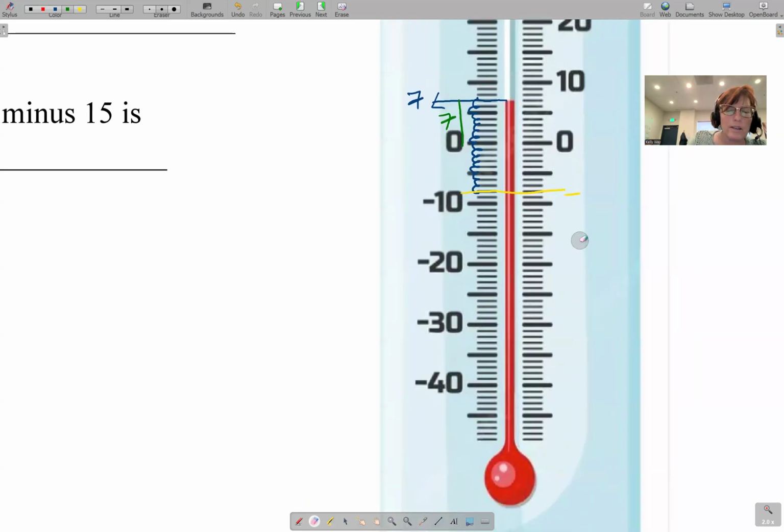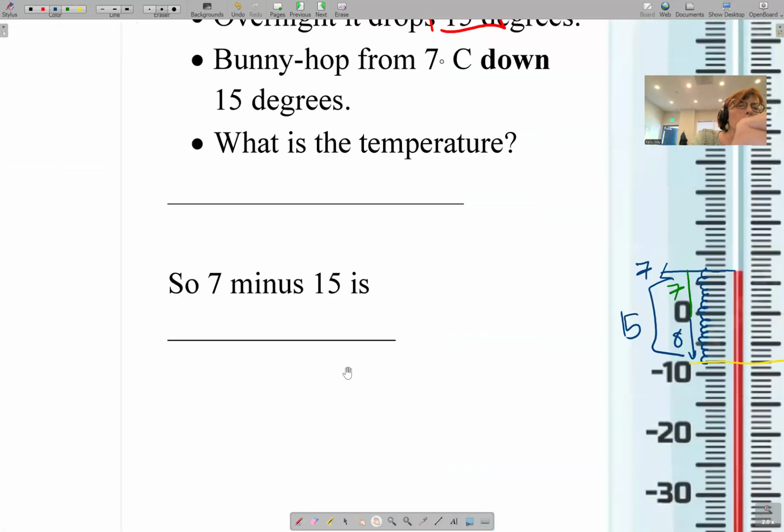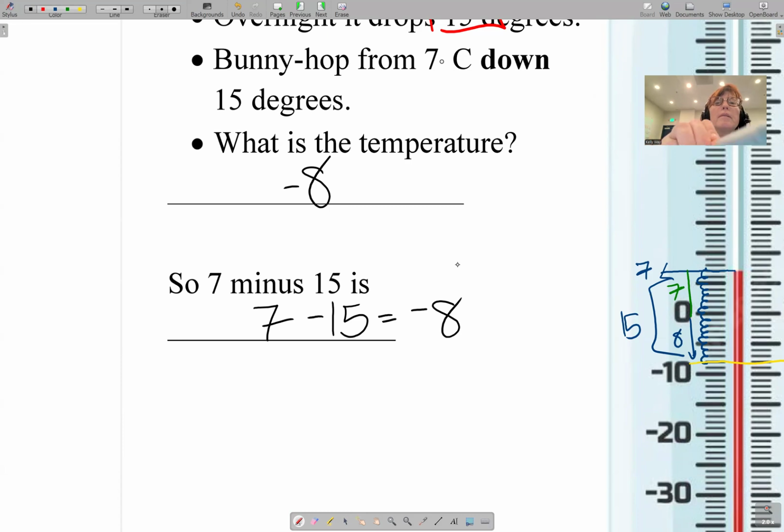Negative 8, and then from 0 down, there's another 8 units, which is a total of 15. So we are 8 units below 0. So that's going to be negative 8. So it looks like this: 7 minus 15 is negative 8.